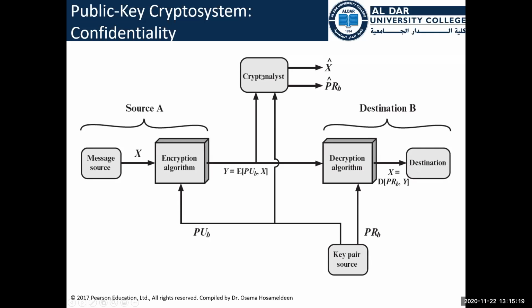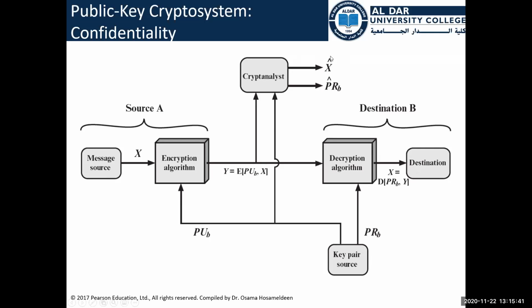Here we have the cryptanalysis, or what the attacker can see. Oscar, the attacker or the hacker, can see what? He can see the plain text, and he can see the X hat, the encrypted data.